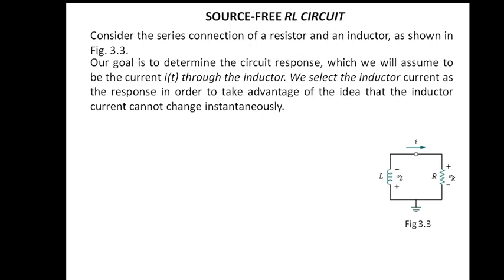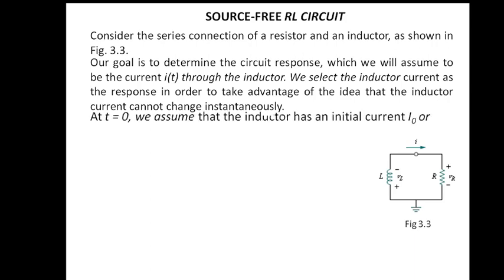At the initial time, that is at t equal to 0, how much current? It is the initial current I naught. The inductor has initial current I naught. So i of 0 equals I naught. The inductor has some storage capacity, because it stores energy in a magnetic field.